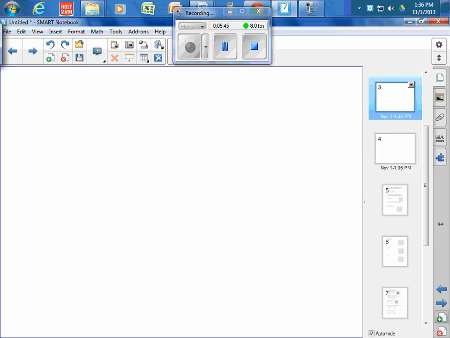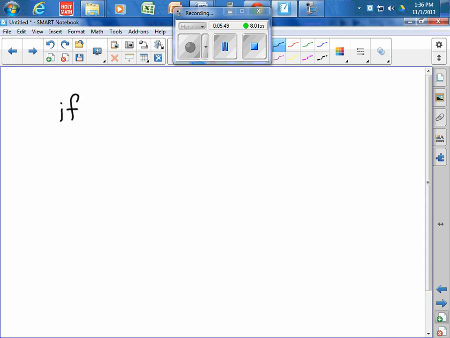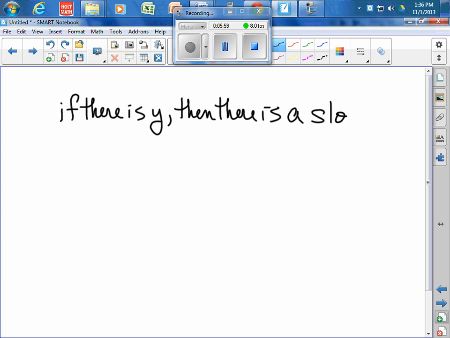Think about this for just a second. If there is a y, then there is a slope and a y-intercept. Meaning you have to have a y in order to have the slope.